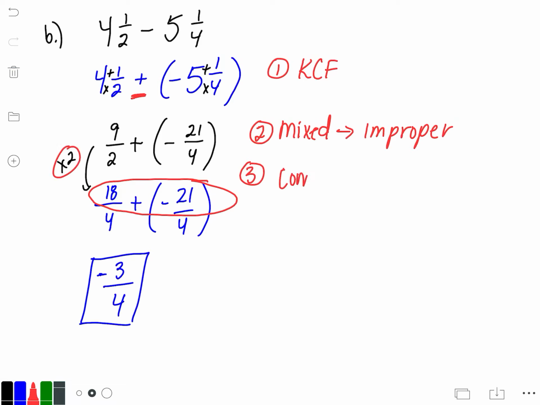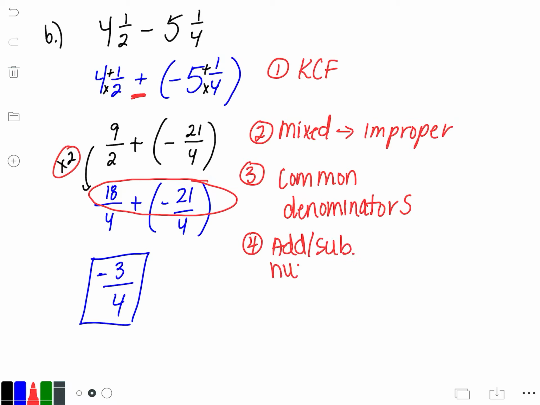This was common denominators. And then step 4, add or subtract numerators. In this case, we were done, but if we had to simplify, step 5 could be to simplify. I hope this helps a little bit.